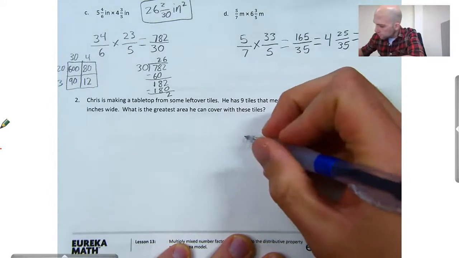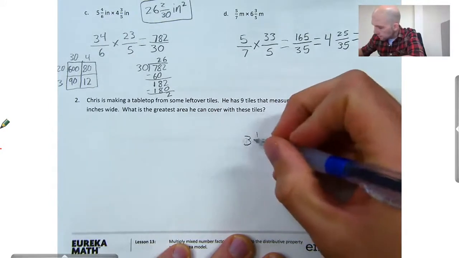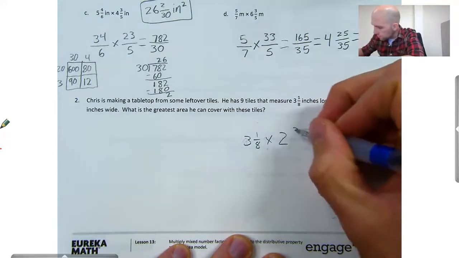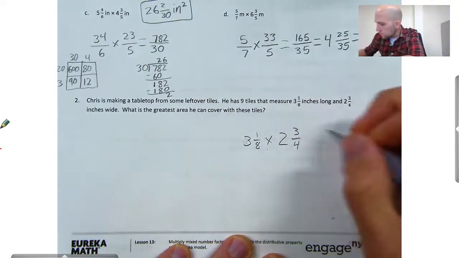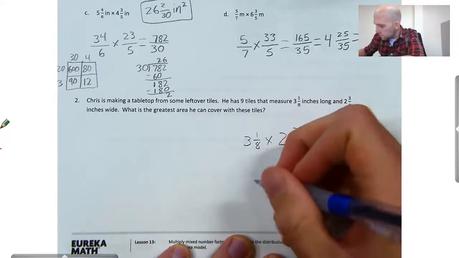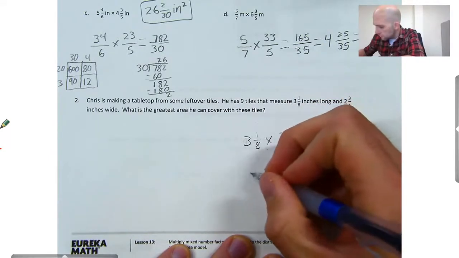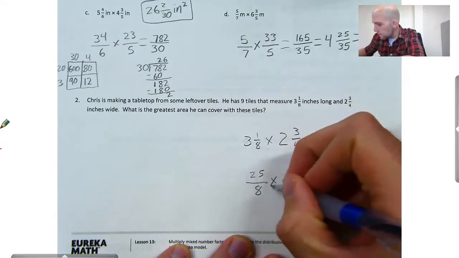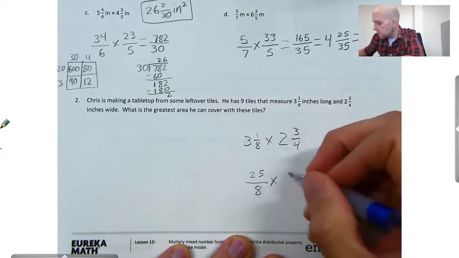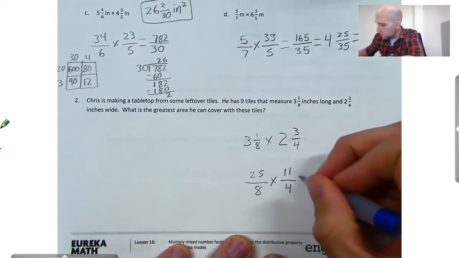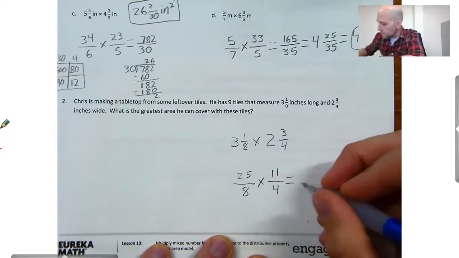So we'll do 3 1/8 times 2 3/4. 3 1/8, it'll be 24 plus 1 is 25/8 times 2 times 4 is 8 plus 3, it's 11/4. 8 times 4 is 32.